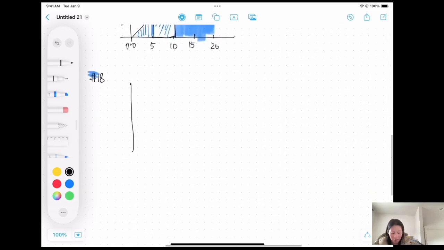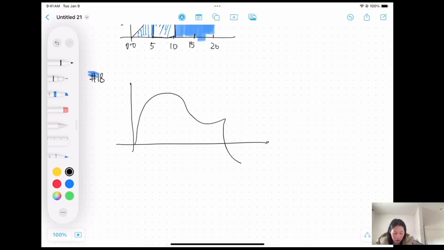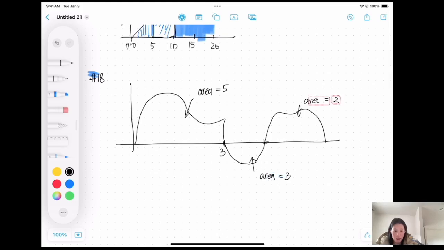So from the graph, we have two parts, the part above the x-axis and the part below the x-axis. And we know that this area is equal to 5, and this part's area equals 3, and this part's area equals 2. Yes, 3, 5, 7, and they want you to find the integral from the graph from 0 to 3.